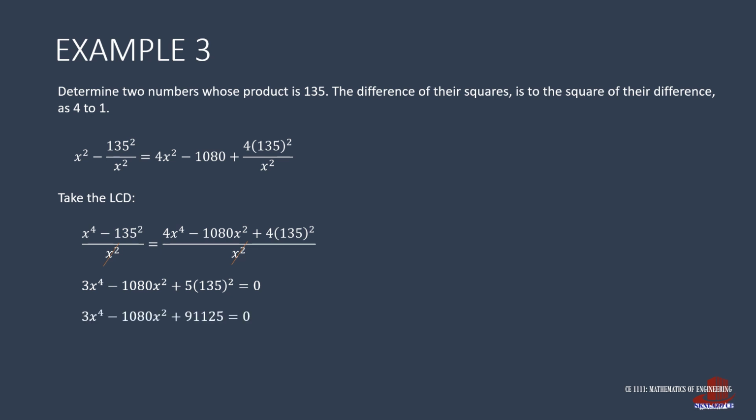This is then equal to 3x raised to 4 minus 1080 x squared plus 91,125. Divide everything by 3 to get x raised to 4 minus 360 x squared plus 30,375 as equal to 0.